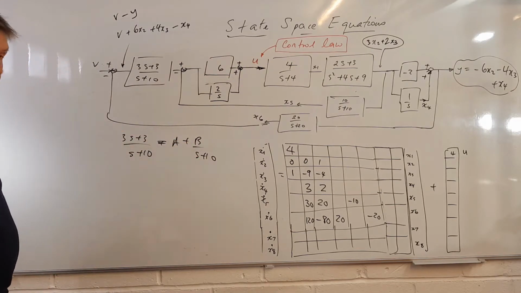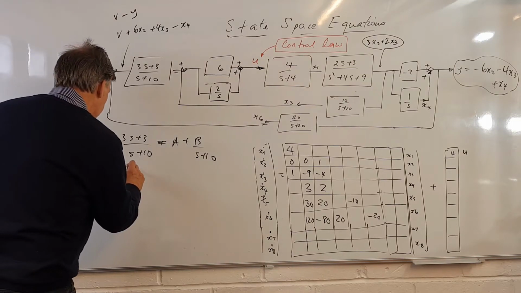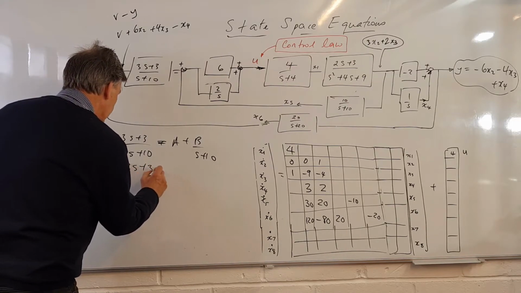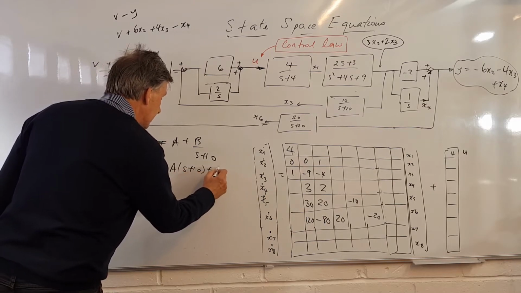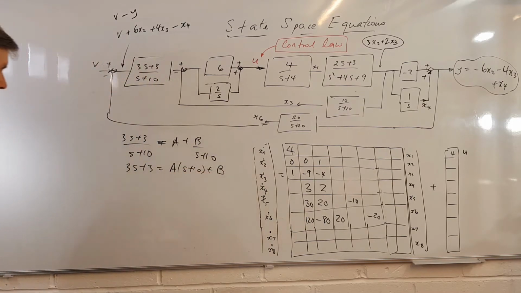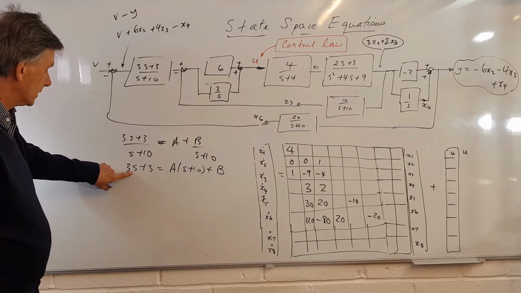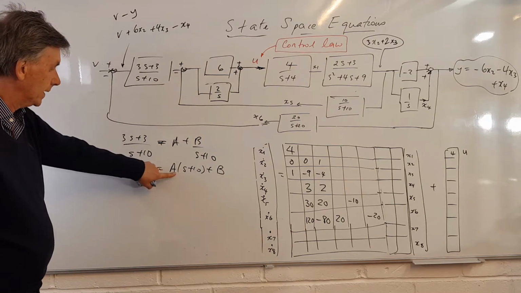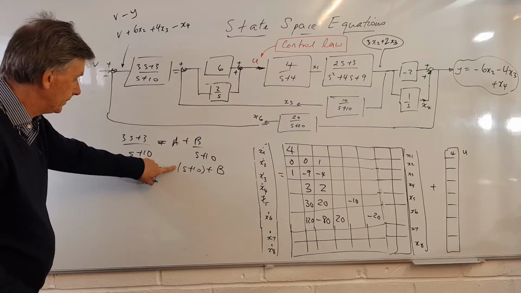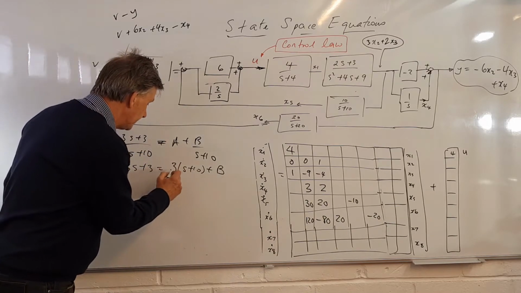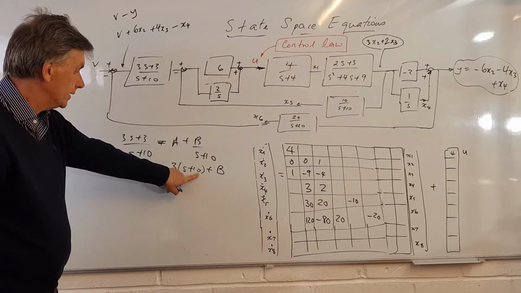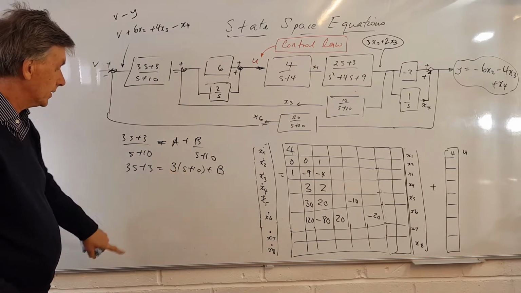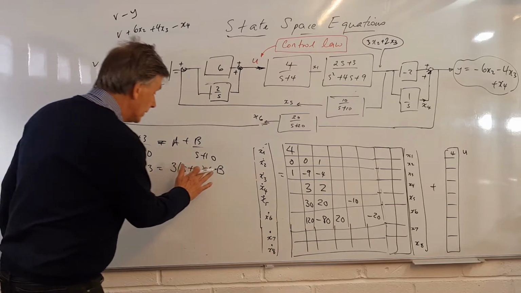If we multiply everything by s plus 10, we get 3s plus 3 equals a into s plus 10 plus b. Now we can compare coefficients. The coefficient of s is 3 and here is a, so a is 3. That gives us the 3. Then this number is 3. 3 tens are 30, so b has got to be 3 minus 30, which is minus 27.